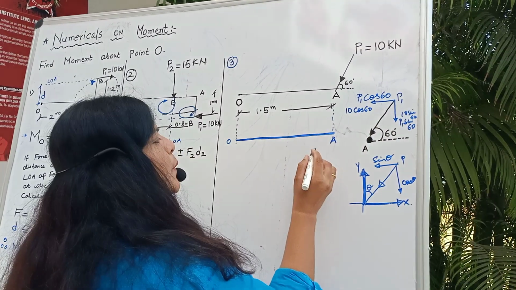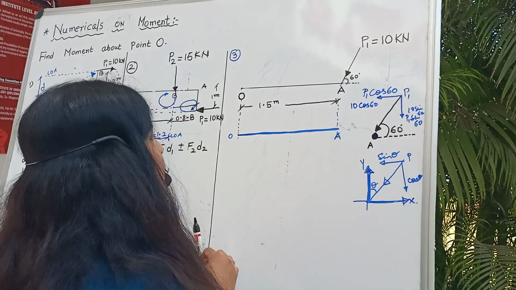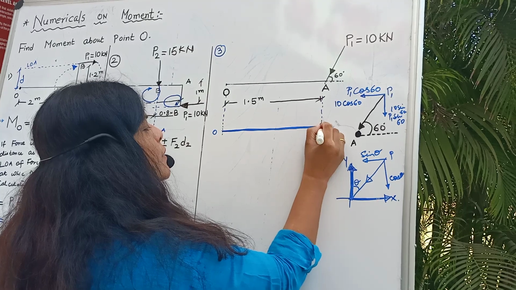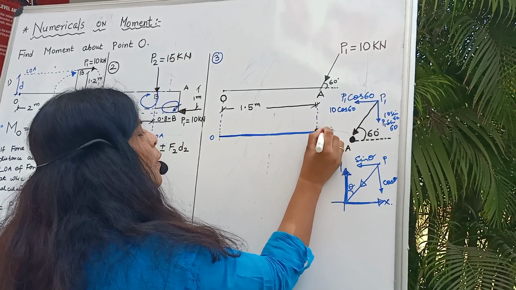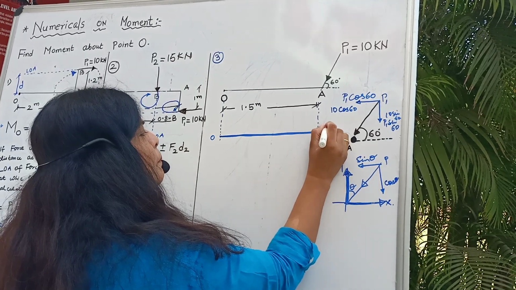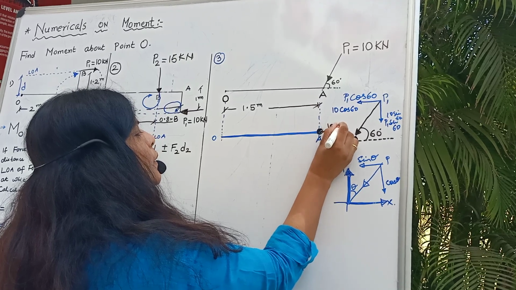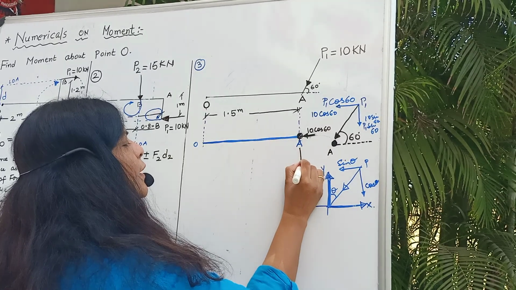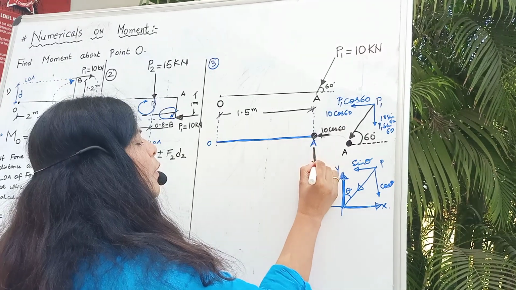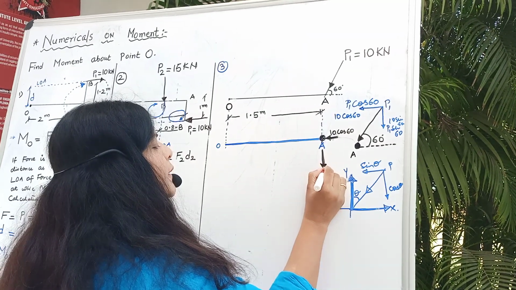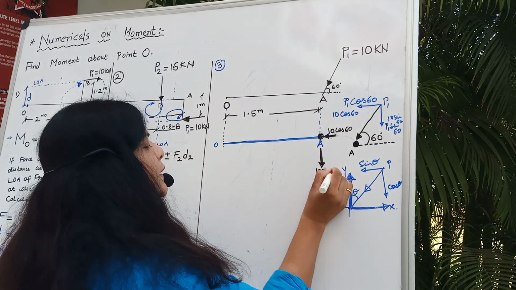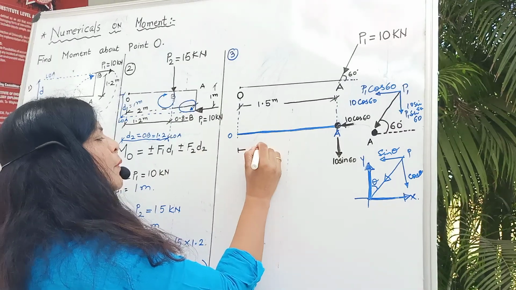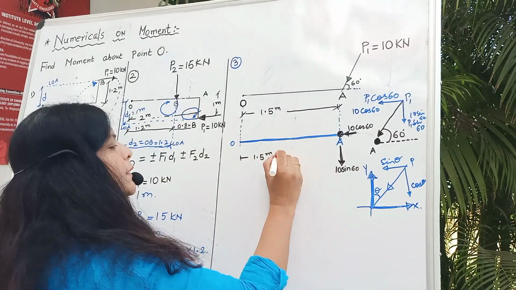So I can show that at point A we have a horizontal force of P or 10 cos 60 and we have a vertical force of 10 sin 60. Okay, and the distance is 1.5 meters.